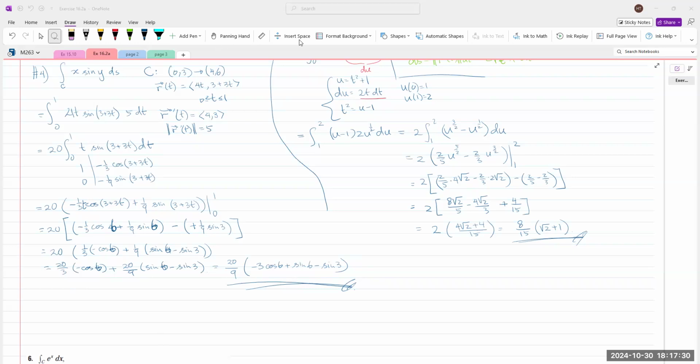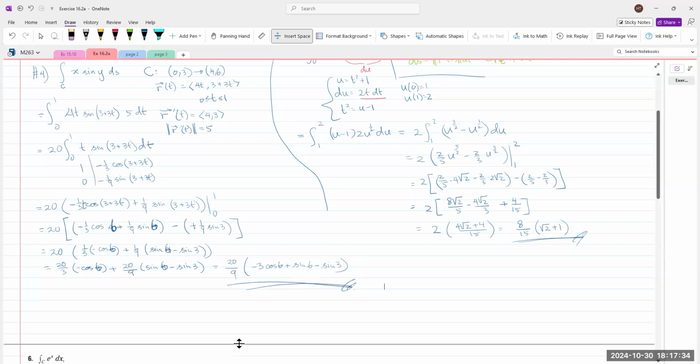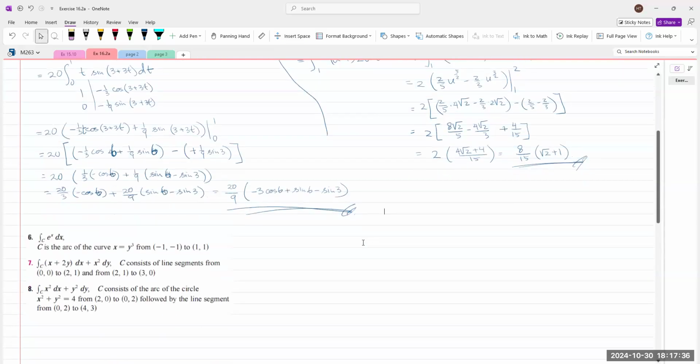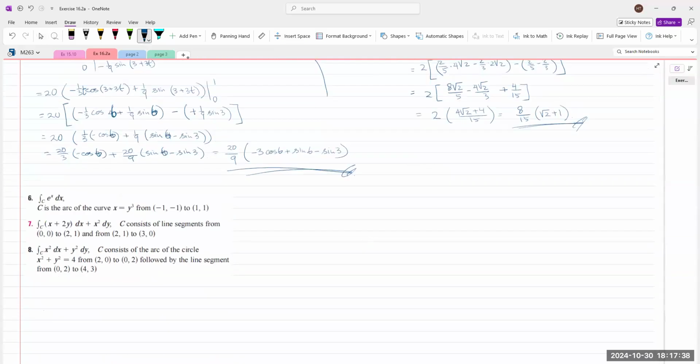Okay, let's see number 6. Number 6, find the integral over curve C of e to the x dx. Not ds, be very careful. Where C is the arc of curve x equals y cubed from -1, -1 to 1, 1.